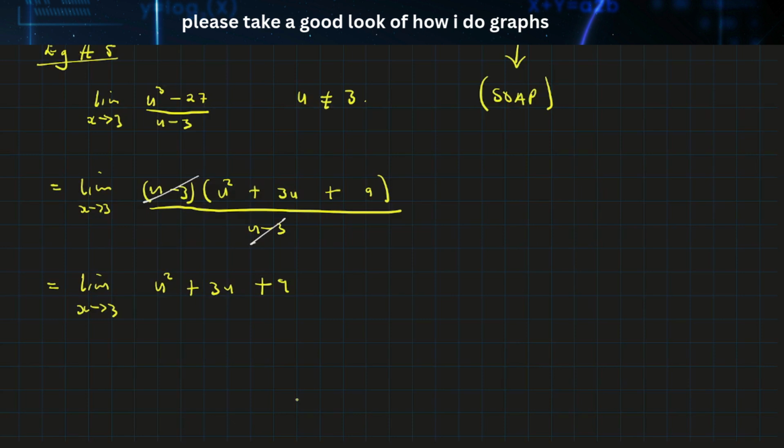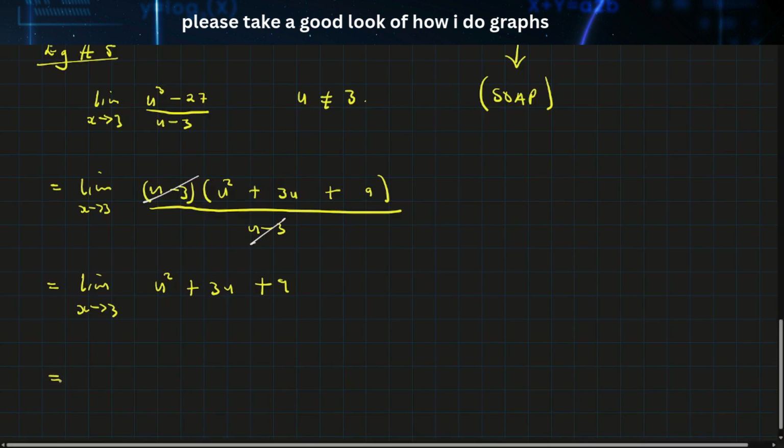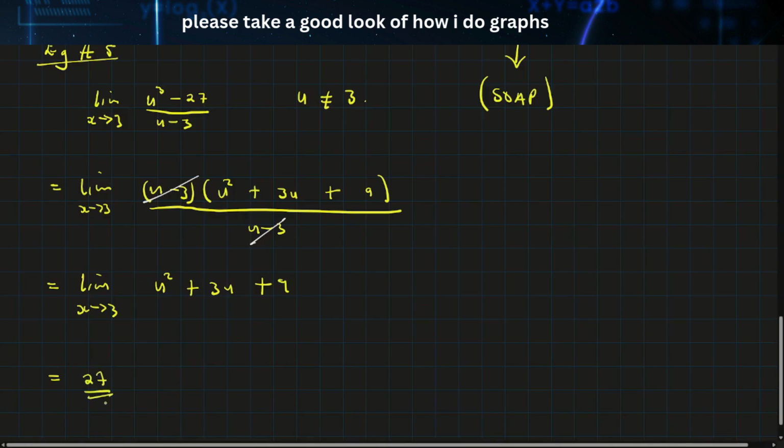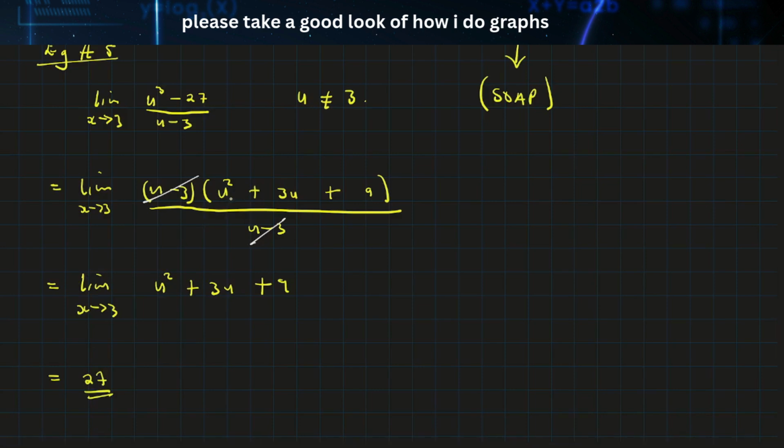The easier way of finding the value we want is this. Definitely, we're going to realize that our y value is going to approach the value 27. How is it 27? We're going to have 3 squared here, that's 9, plus 3 times 3, that's 9, plus 9. 9 plus 9 plus 9, that's 27.